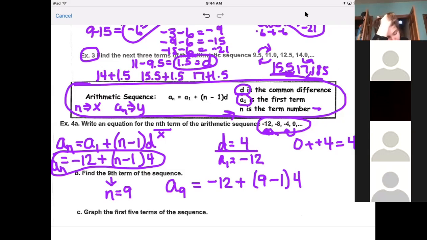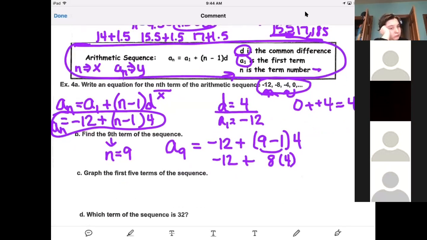Now it's just a simple PEMDAS. So let's do this first. We have 9 minus 1, which is 8. 8 times 4 is... what is 8 times 4? Jaden? 8 times 4, not divided.